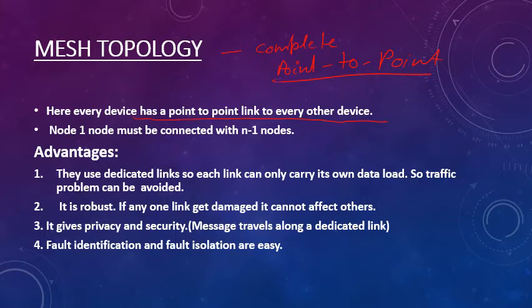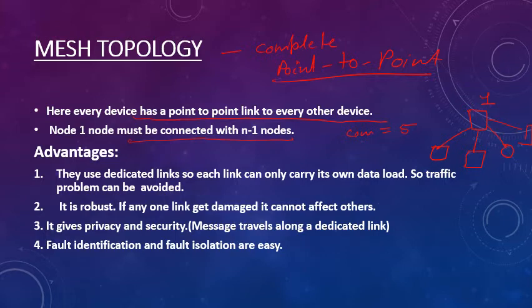Node 1 must be connected with n-1 nodes. If total number of computers equals 5, then computer number 1 must be connected with computer number 2. n-1 means 4 computers. Means one must be connected with 1, 2, 3 and 4.